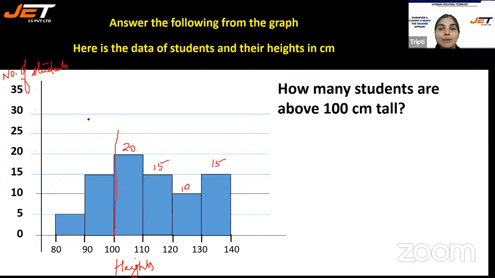So how many students are above 100 centimeters tall? We add 20 plus 15 plus 10 plus 15. 20 plus 15 is 35, plus 10 is 45, plus 15 is 60. That means 60 students are above 100 centimeters tall.